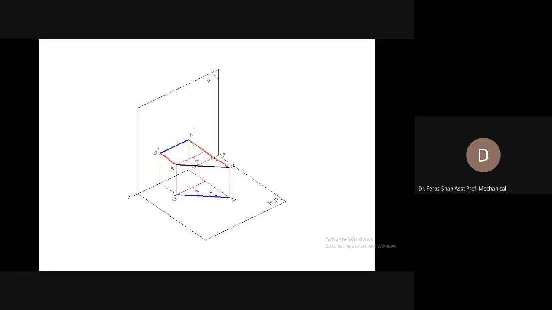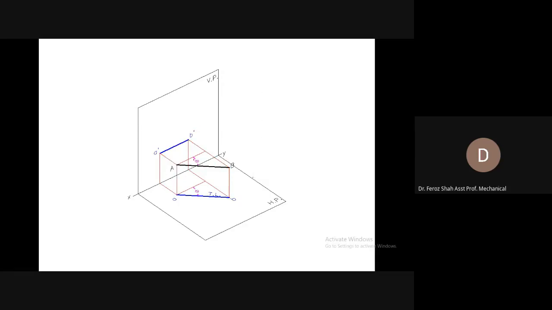And look at its position with respect to the horizontal plane. A has this much distance above the horizontal plane, and B has a similar distance above the horizontal plane. So in the first instant, the line is only inclined to the vertical plane.